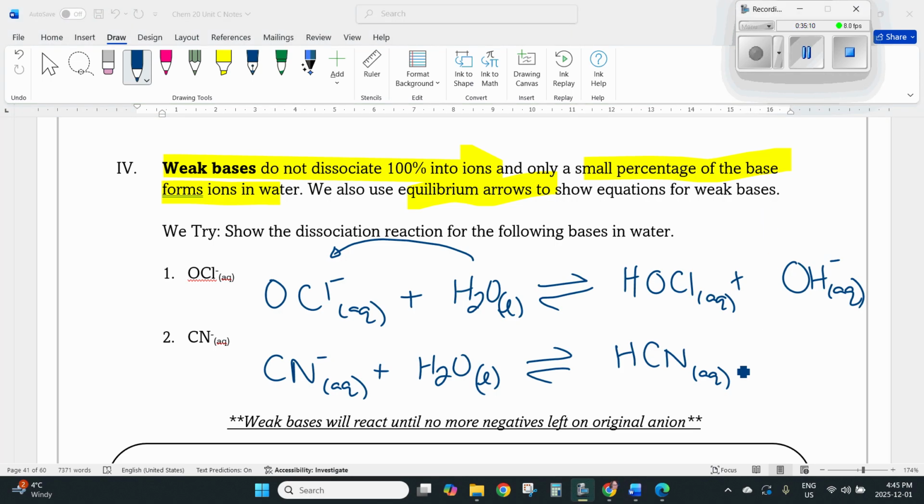That means we take away that hydrogen ion from water to become OH minus, aqueous. Weak bases are going to react until no more negatives are left in their original anion. We'll talk about that more in our next lesson when we talk about poly and monoprotic acids.